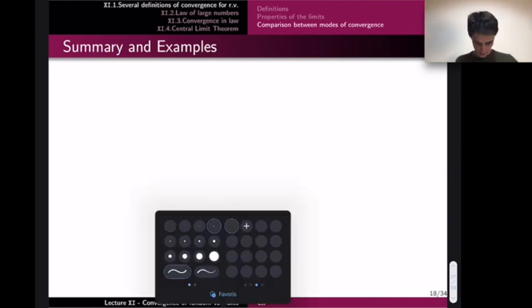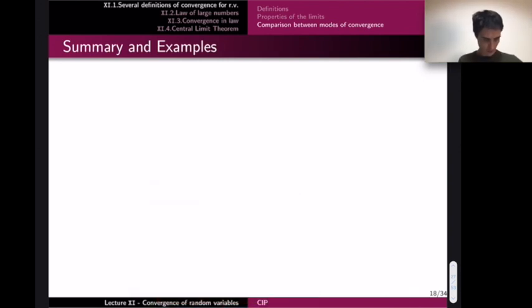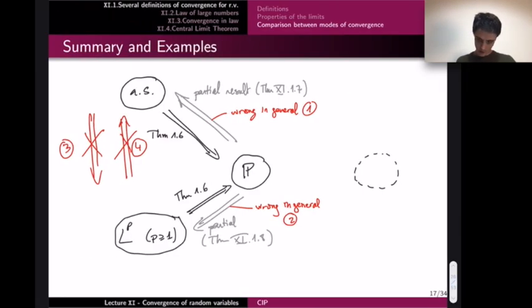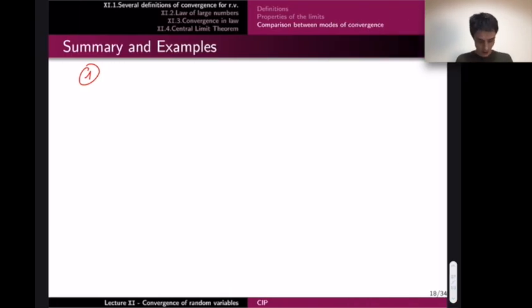So the first one. So remember, I want to find an example of a sequence which converges in probability but not almost surely. So I will give you such an example. So consider Xn, a Bernoulli random variable with parameter 1 over n.